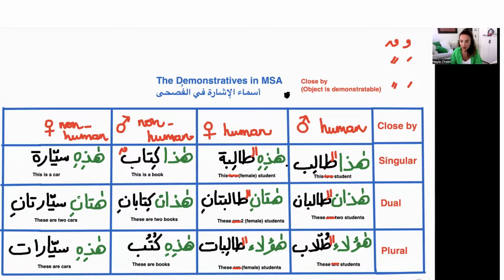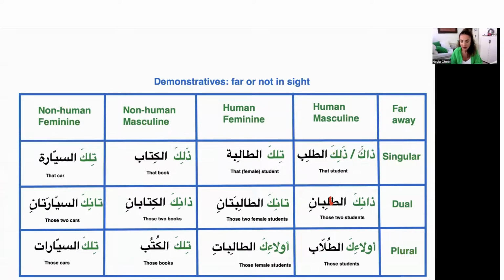One last note, back to that one. What we didn't talk about here is how do I change this to a nominal sentence?